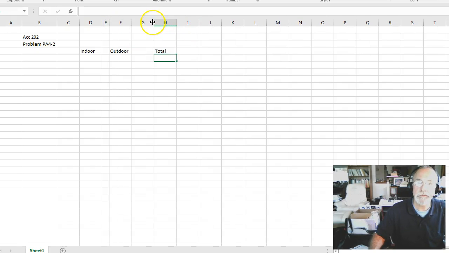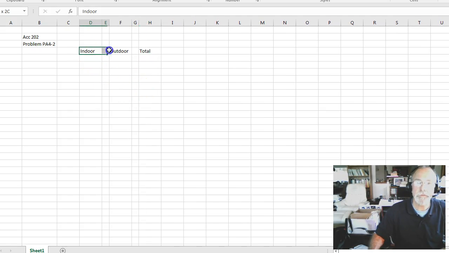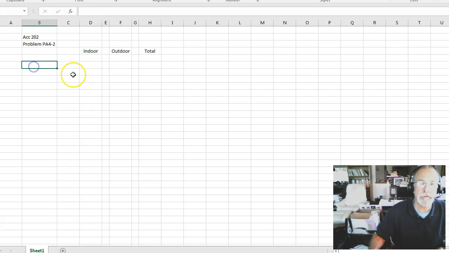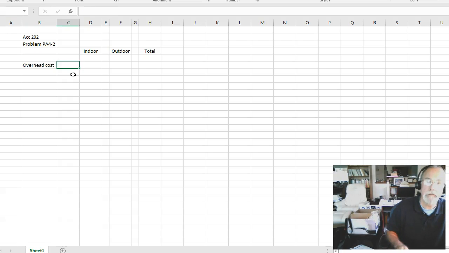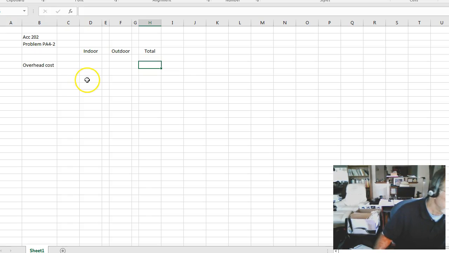We can make these middle columns smaller, just separate them by a column, and we have total overhead cost of $139,400.